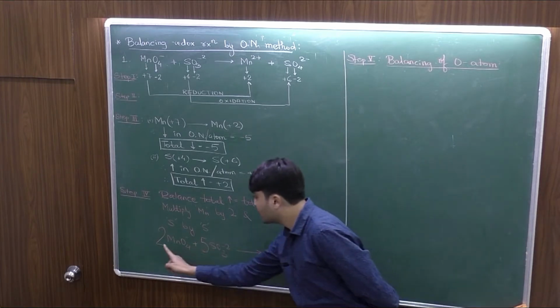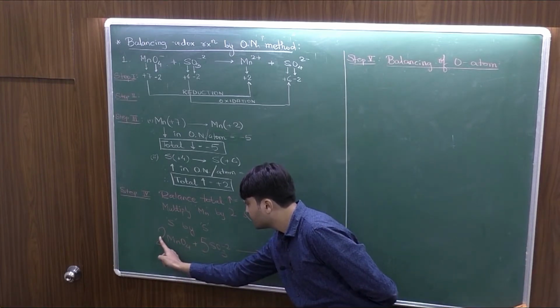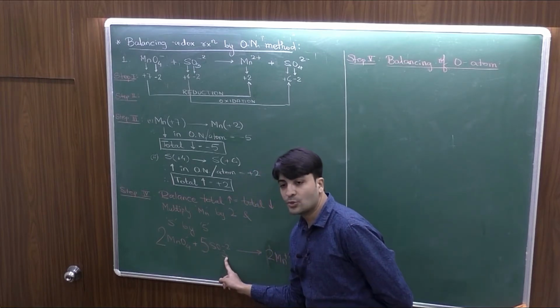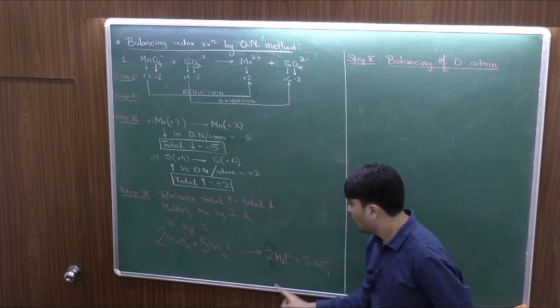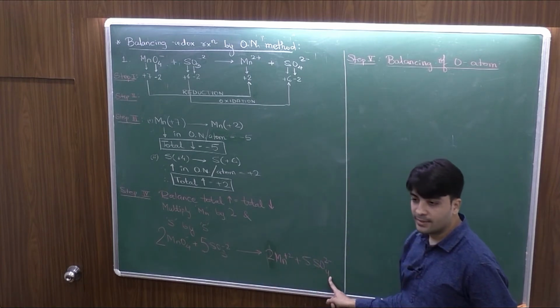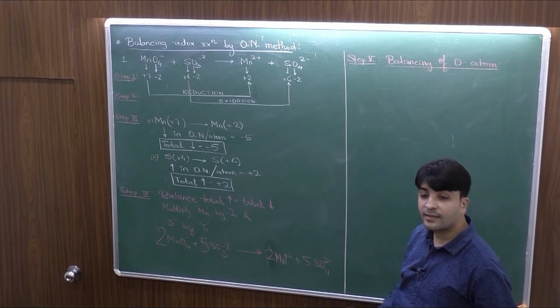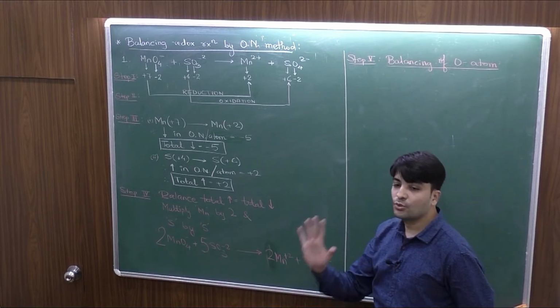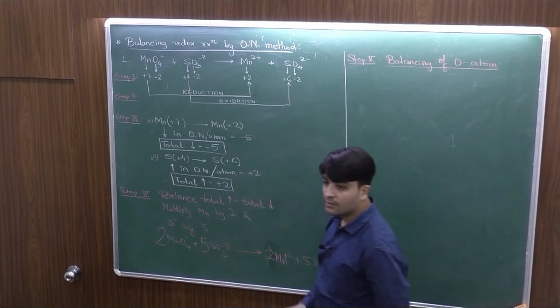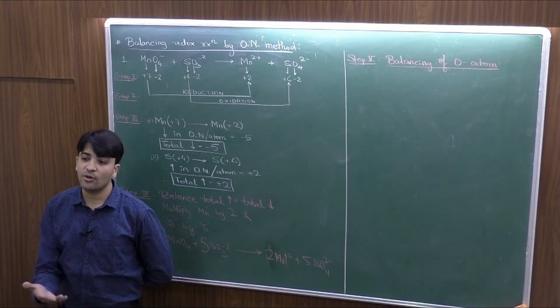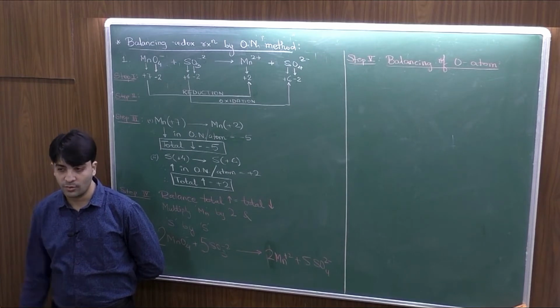Matlab, on the left, how many oxygen do you see? 8 plus 15, which is 23 on the left. On the right, 20. So कमी कहाँ पर है ऑक्सीजन की? राइट में. कितने कम है? तो 3 H2O ऐड कर दो. The rule is wherever the number of oxygen are deficient, add that many oxygen in the form of water molecules.